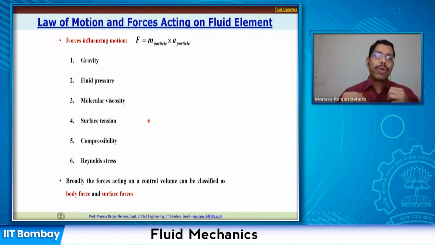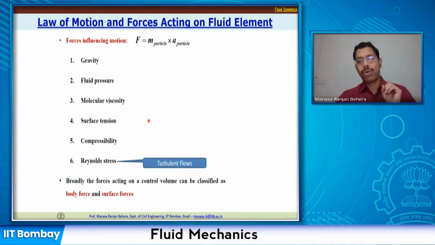Now among these 6 forces that we have listed here, we are not going to consider some of them right now, because we are not talking about turbulence. So right now we will not consider the Reynolds stress. It will come only when we talk about turbulence. So the effect of turbulence is not in the picture right now.